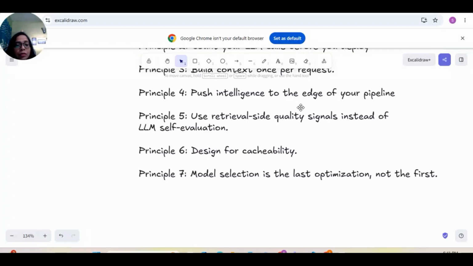The next one is: use retrieval-side quality signals instead of LLM self-evaluations. Your vector similarity scores, BM25 scores, cross-encoder scores and citation overlap are all better confidence signals than asking the model to evaluate itself. When we deploy an LLM as judge, as per my experience, the responses don't give the score consistently.